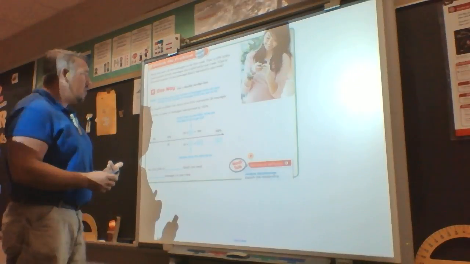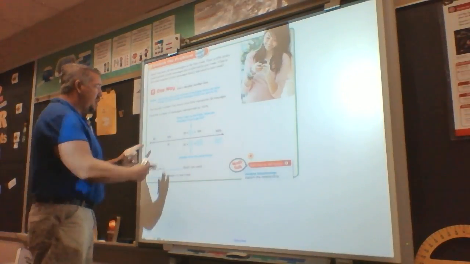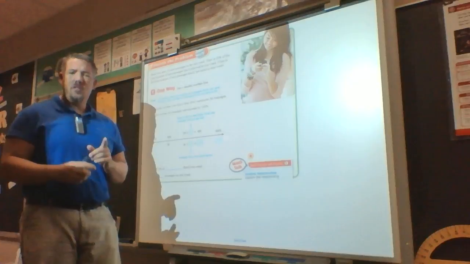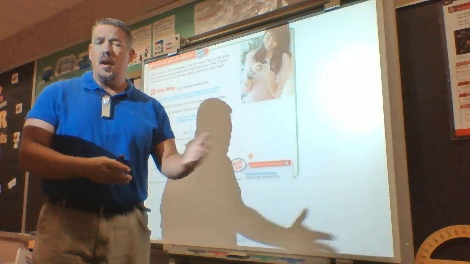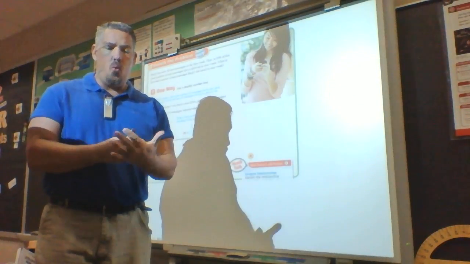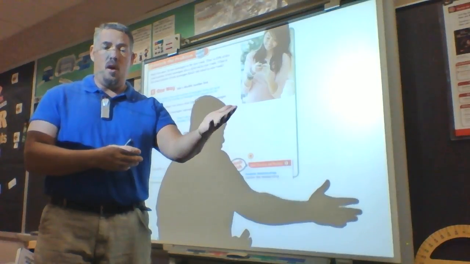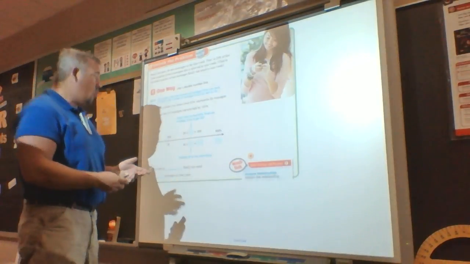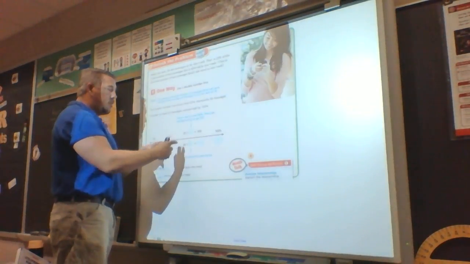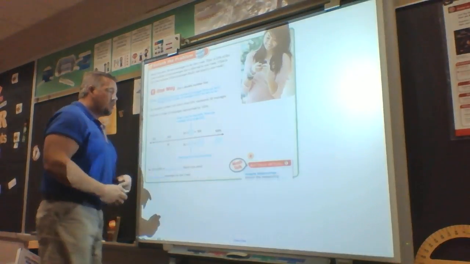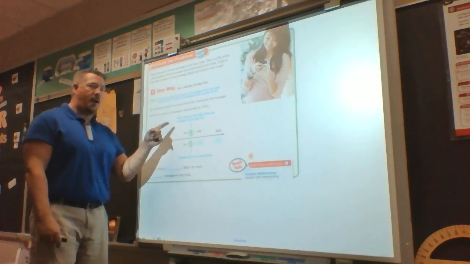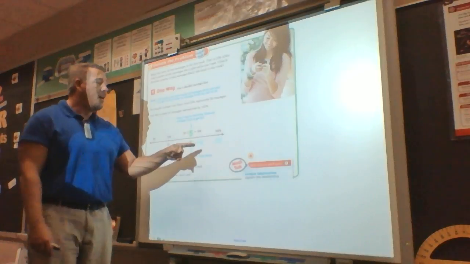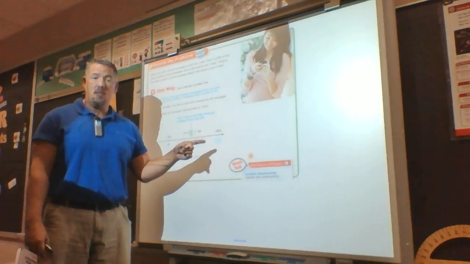What they want you to look at is, if I know it's 20%, how many chunks of 20% are there in 100? Well, 20 times 5 is 100, so I'd have 5 chunks of 20%. So if I had 20 and I multiplied by 5, I would get my 100%.